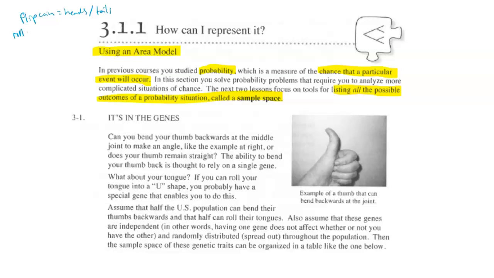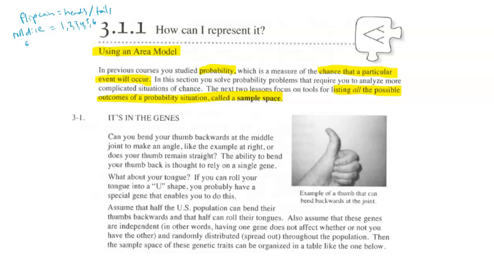If I roll a six-sided dice, my sample space is 1, 2, 3, 4, 5, 6. I have 6 different things that can possibly come up.